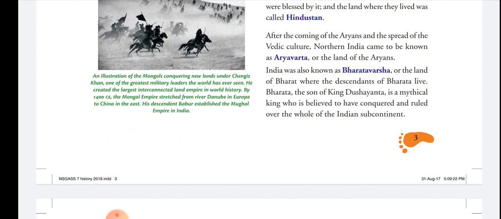Bharat was a great leader whose descendants lived here. Bharat was the son of King Dushyanta, a mythical king who is believed to have conquered and ruled over the whole Indian subcontinent. Because of his name, our country is known as Bharatavarsha.